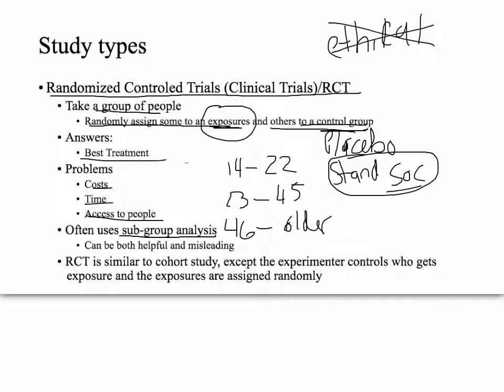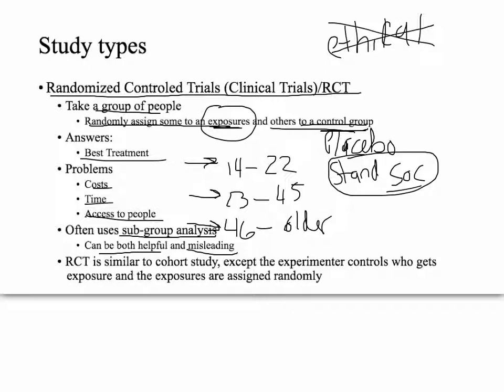You might say, oh, in this group it worked better, in this group it worked the same, in this group it worked worse. And so you have these subgroup analyses. They can be helpful and they can also be misleading. And they're misleading often because of something we'll talk about later on when we talk about multiple analysis. And the basic of it is, if you do multiple analyses, just by random chance, you're going to find something that's significant.